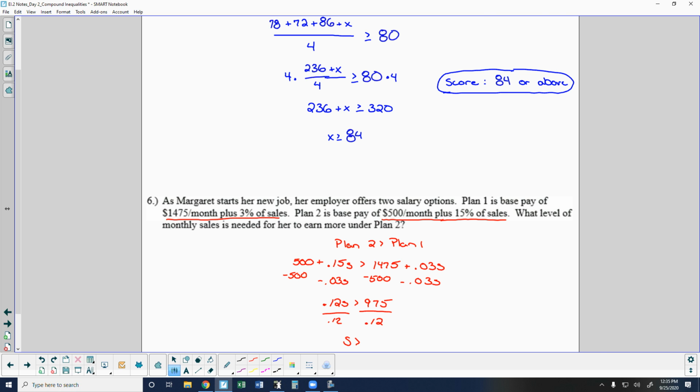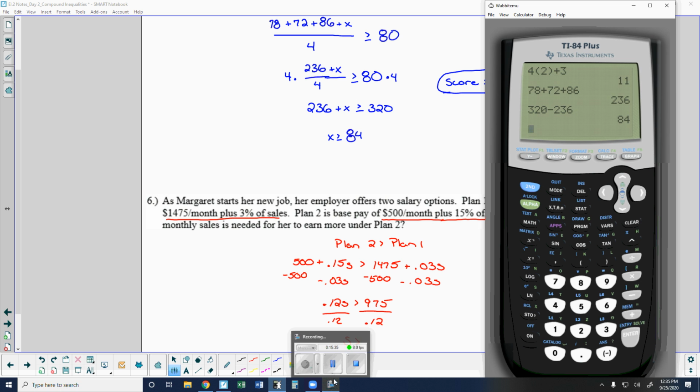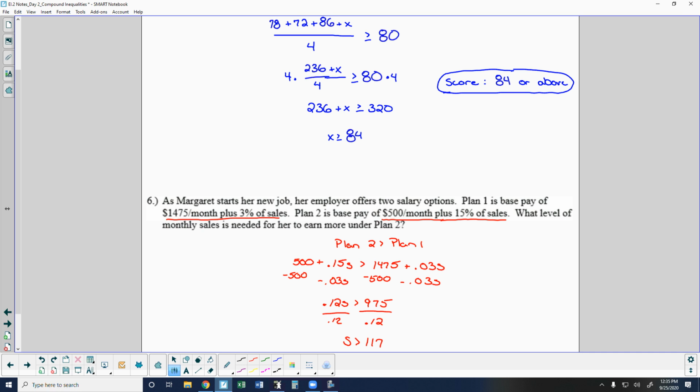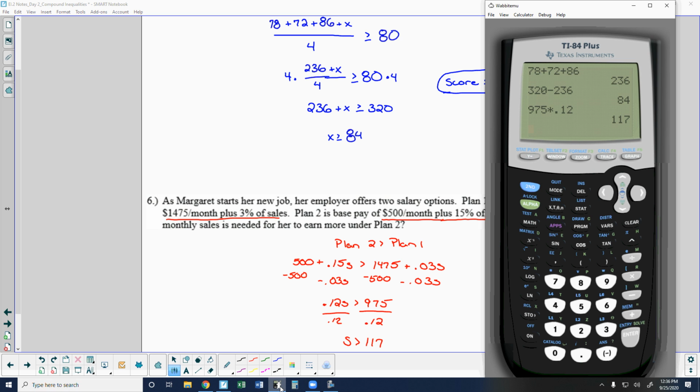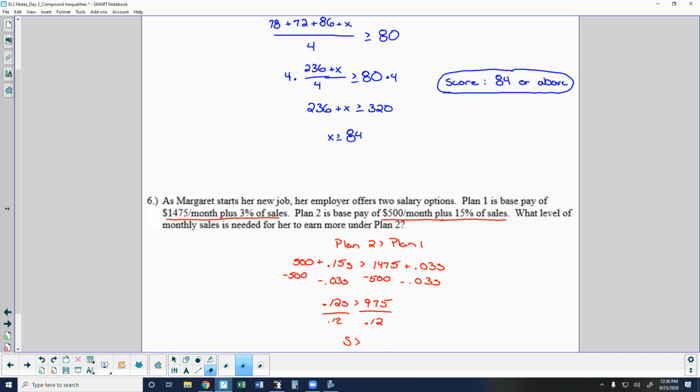So S is going to be greater than still, because I'm not dividing by a negative. Sorry, that's not right. I must have typed something in. Oh, there we go. 975 divided by 0.12. My apologies. So S should be greater than 8,125.